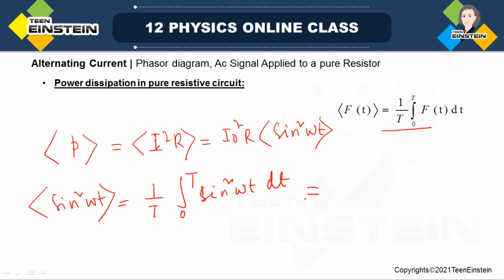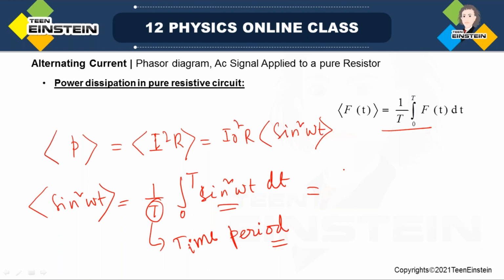What is this capital T? This is the time period.